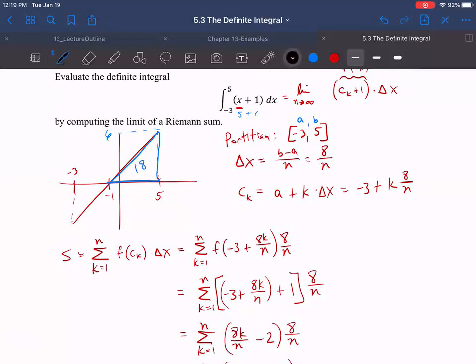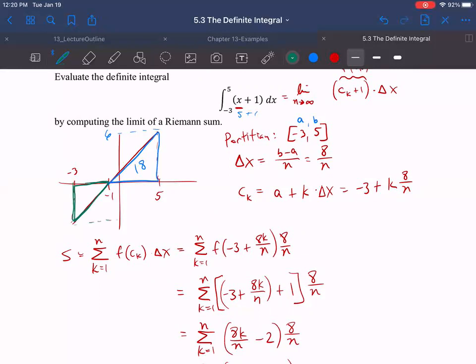If we come over to this other one, we have this triangle right here. It's below the x-axis, so we count it as a negative area. What's the area of that one? Our base is what? 2. What's our height? What's -3 plus 1? -2.